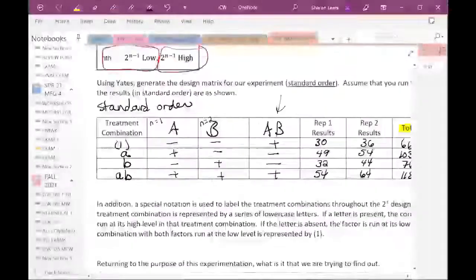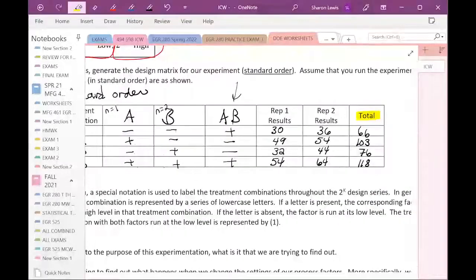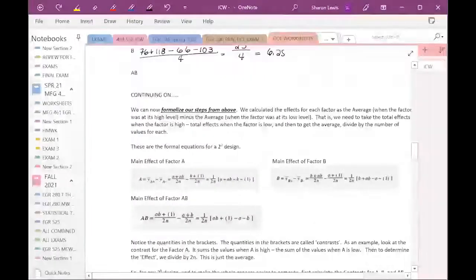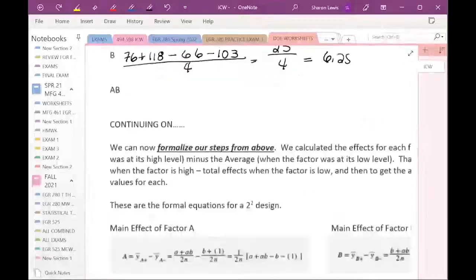Now let's do AB. For AB, we want to take the two highs. Here's AB high, so I'm going to take 66 plus 118, and then subtract off the two lows. Just in case I want that for something else, I'm going to undo that. So let's go down here and add that up.